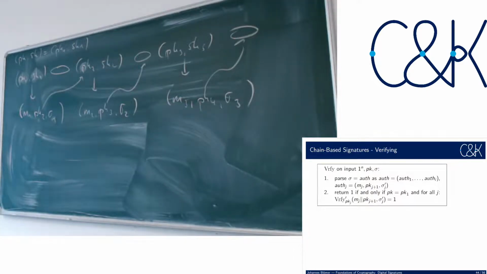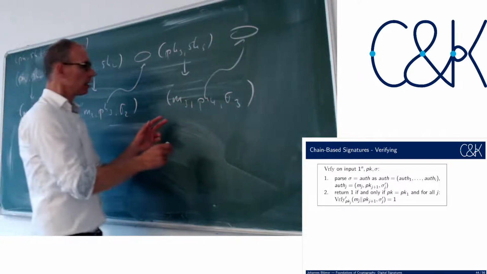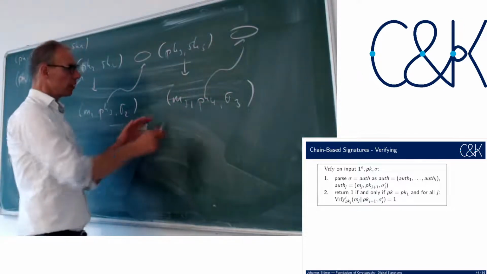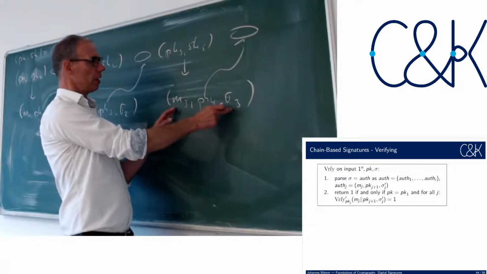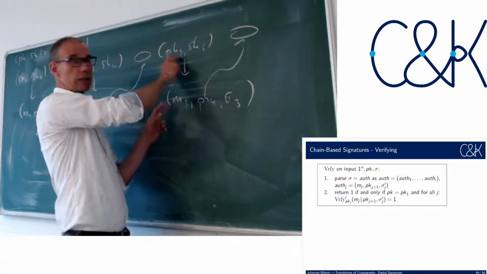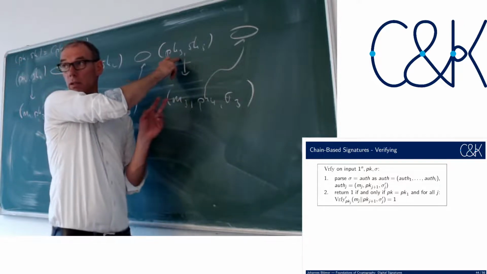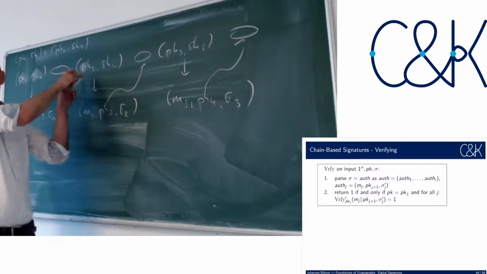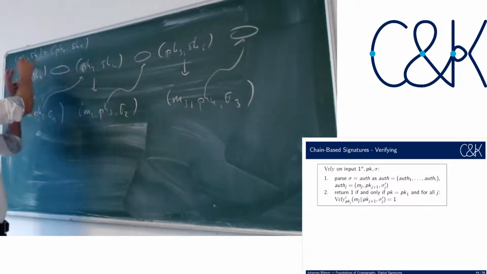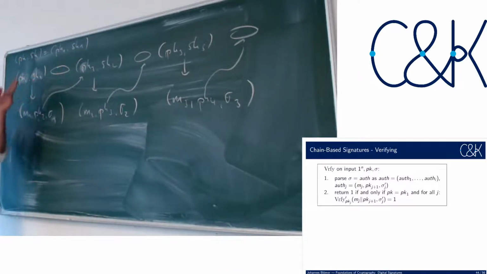And what you check here is that this is authenticated using this here. But this was authenticated using this here. This was authenticated using this here. And this is the original one. So it's this indirect authentication.